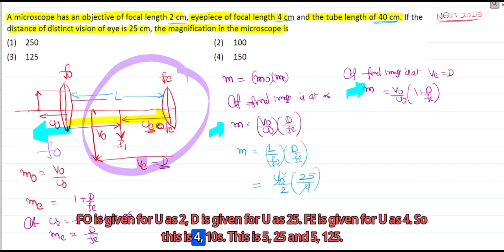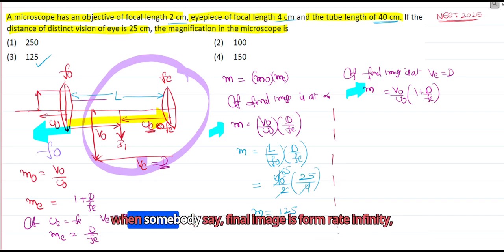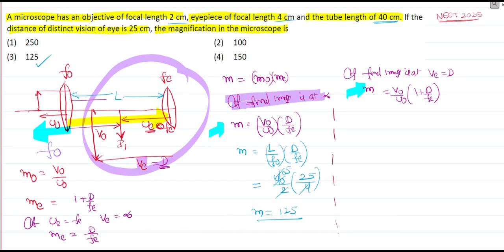So this is 40 by 2, which is 20, and 25 by 4, which is 5 and 25 by 5, giving 125. Well, you got an answer. You can be happy with the answer, but there is a problem with this answer.